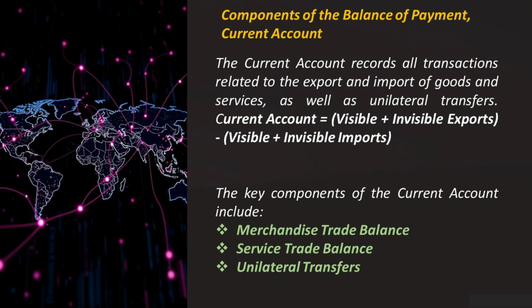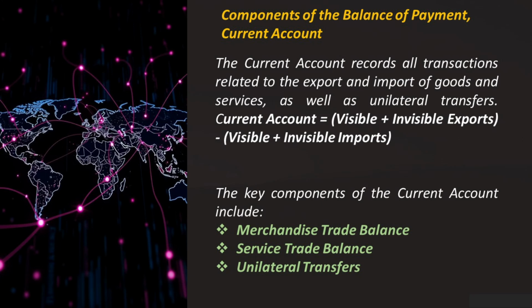Now, the components of the current account basically include the merchandise trade balance, which includes the trade of tangible goods. The current account also includes the service trade balance, which includes trade of intangible goods such as commercial services, travel, transportation, insurance, and income from foreign investment.